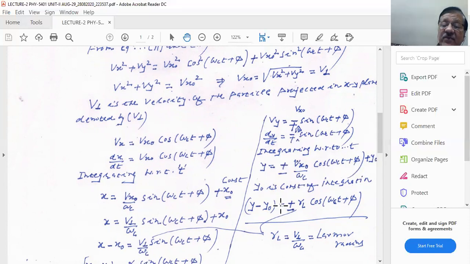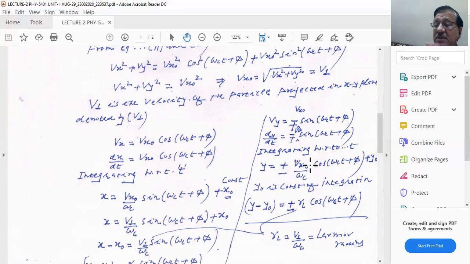So you can write y minus y0 as Vx0 divided by omega c times cosine. Now I would like to define this ratio: Vx0 is V perpendicular, and V perpendicular divided by omega c, if you find its dimension, has the dimension of length, and it is known as the Larmor radius.